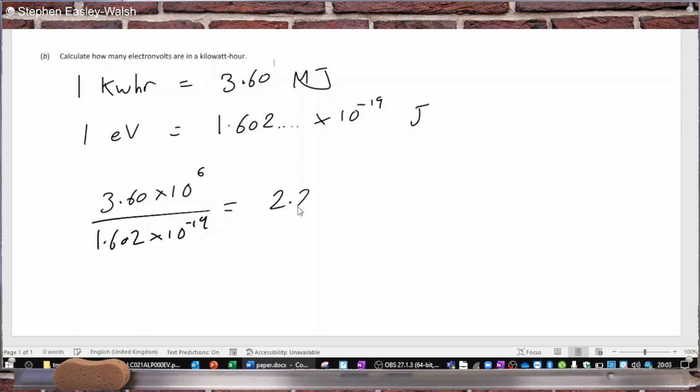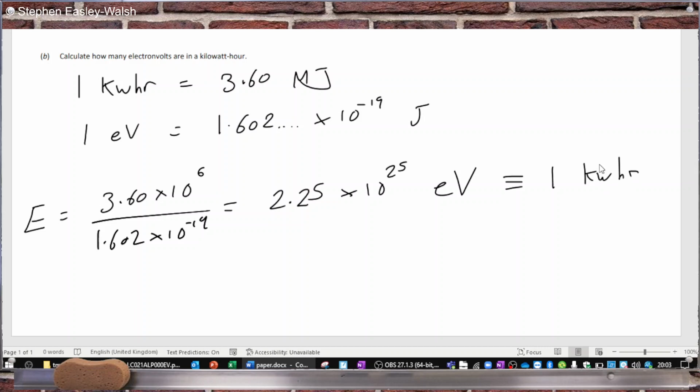That's 2.25 times 10 to the 25 electron volts. That's how much energy you have in electron volts. That's equivalent to 1 kilowatt hour.